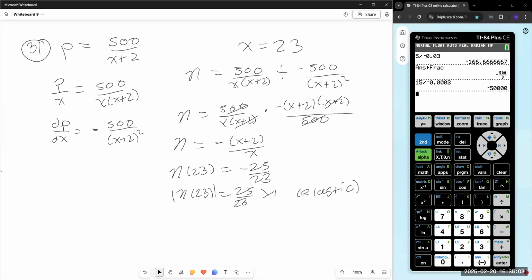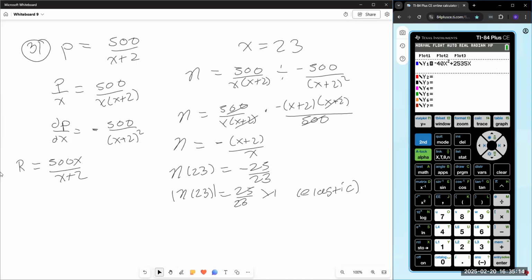And my revenue function here is going to be 500 X over X plus 2. To draw a sketch of that, I'll need my calculator. 500 X over X plus 2, and zoom 0 here.